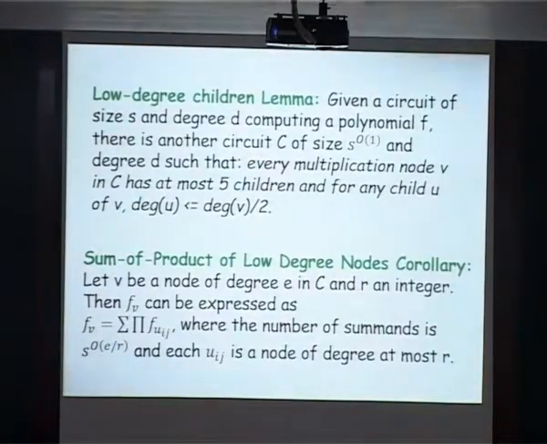It turns out that given a circuit of size S, you can efficiently convert it into a slightly larger circuit where this property holds true. And this is the main lemma in all this. But let's assume for the moment that this is true. Let's see why it will imply a depth reduction.